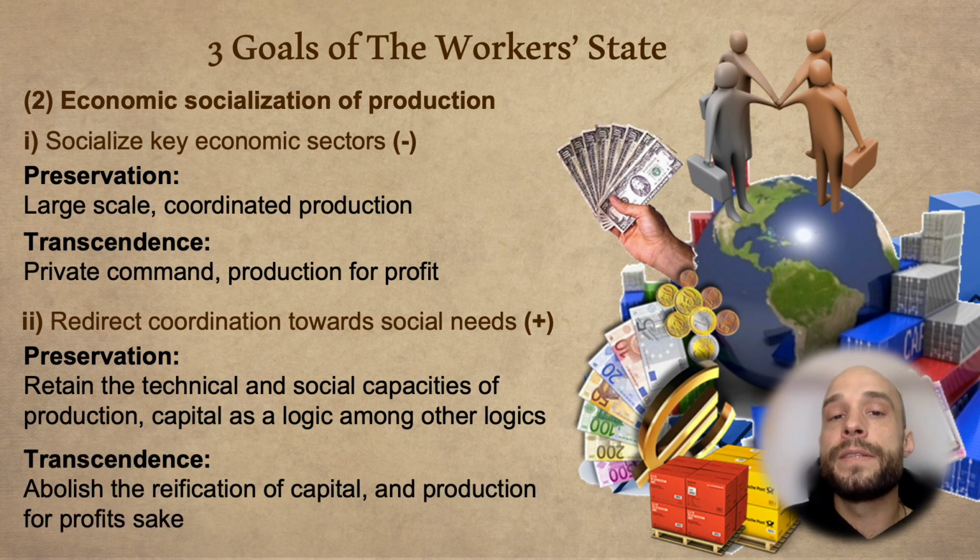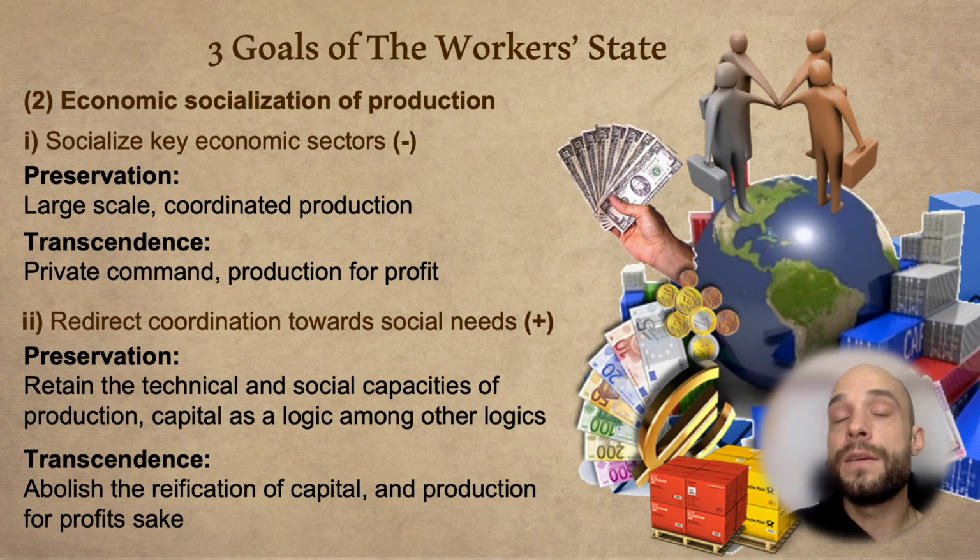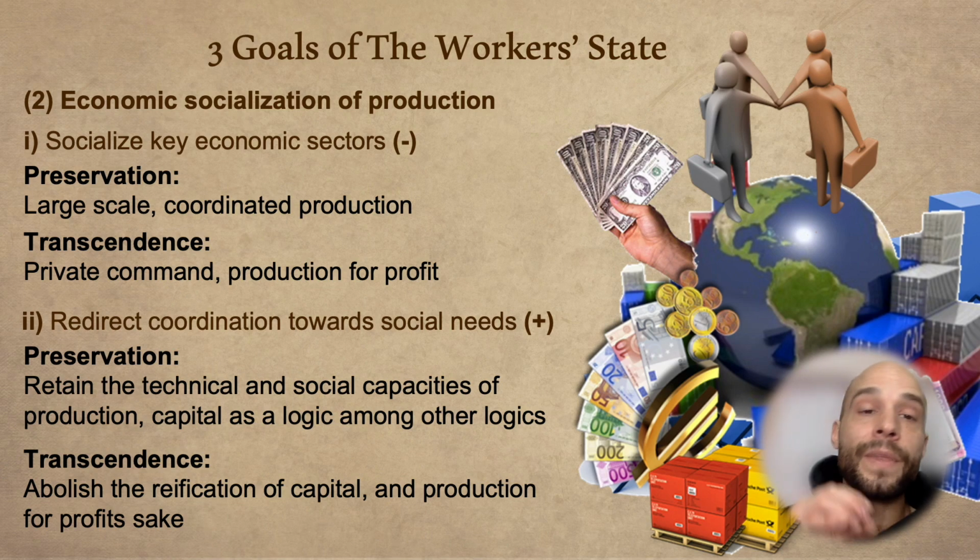So what's transcended is the reification of capital, the condition in which both workers and capitalists are compelled to obey an abstract, impersonal logic of accumulation. Instead, production and distribution are deliberately oriented toward housing, transportation, healthcare, sustainability, and communal needs, even where these do not yield immediate profit. This is where economic socialization becomes universal suffrage in the economy.